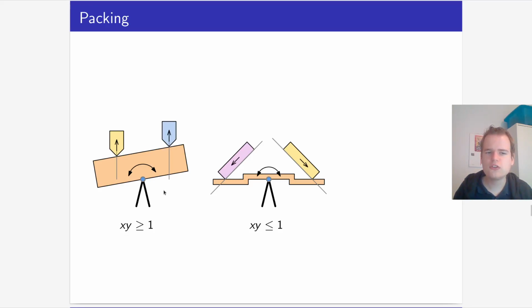And for this they needed two gadgets, one for enforcing x times y is larger or equal to 1, and one for enforcing that the product of two variables is smaller or equal to 1. And the gadgets themselves are not that important now, but what is important to note is that by combining these two gadgets you can enforce such an equality constraint, but also note that this second gadget involves a polygon which is non-convex, which is also why their construction fails when you only allow convex polygons.